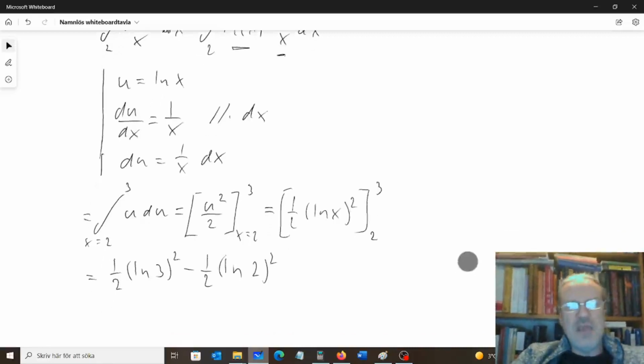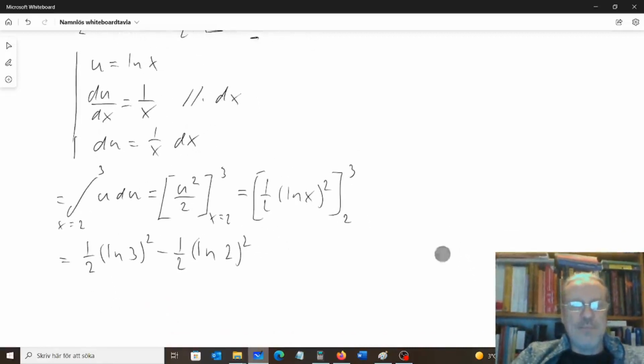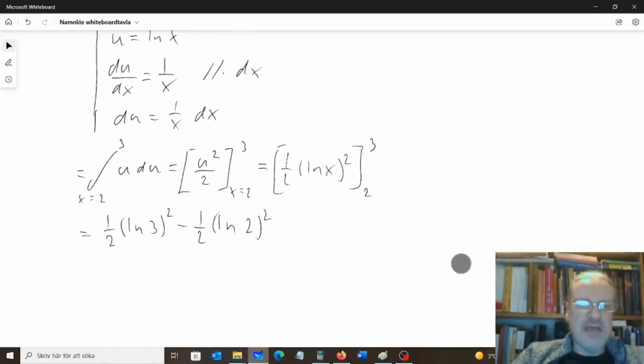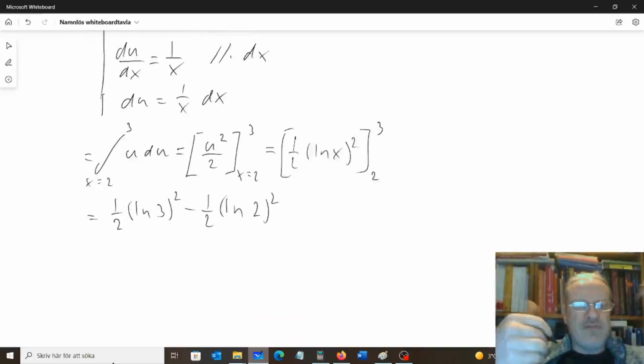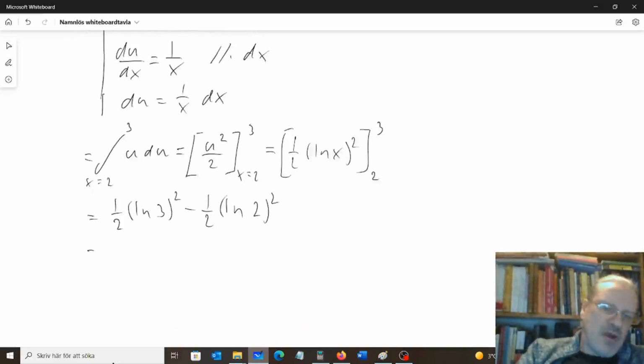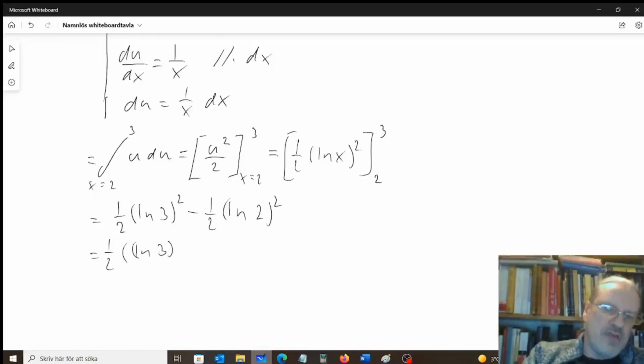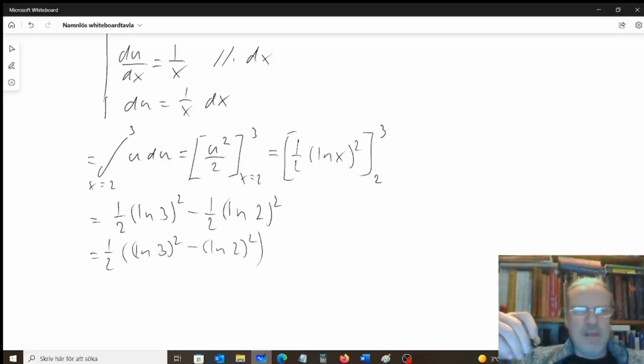And technically speaking, we are done now, but we could make this look a little bit nicer, and we can also manipulate this value a little bit. So first we have a common factor of 1/2 times ln of 3 squared minus ln of 2 squared. Oh, we have a difference of two squares, right?